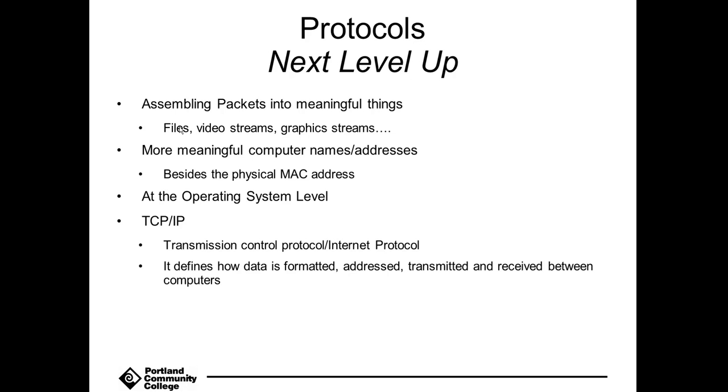A file transfer, video stream, web page request, graphics, all needs to be made up of packets. So we need to have a protocol for breaking complicated data down into packets. We also need more meaningful computer names and addresses beyond just that physical single MAC address.